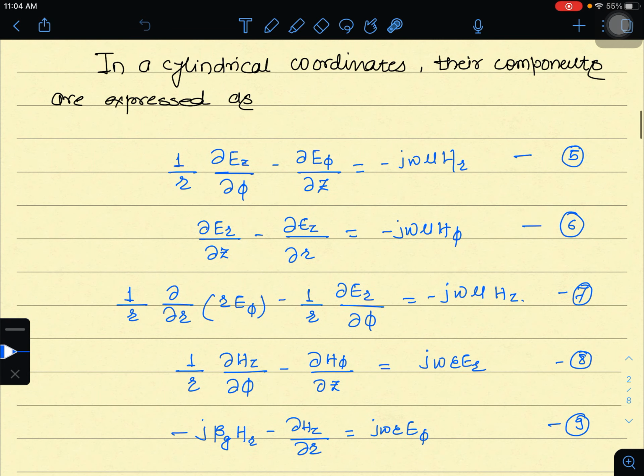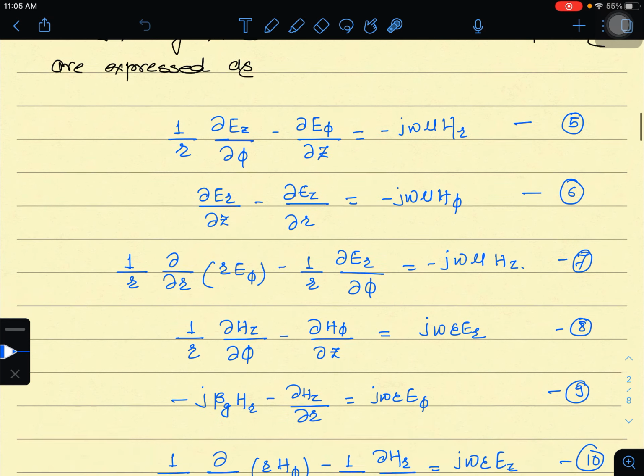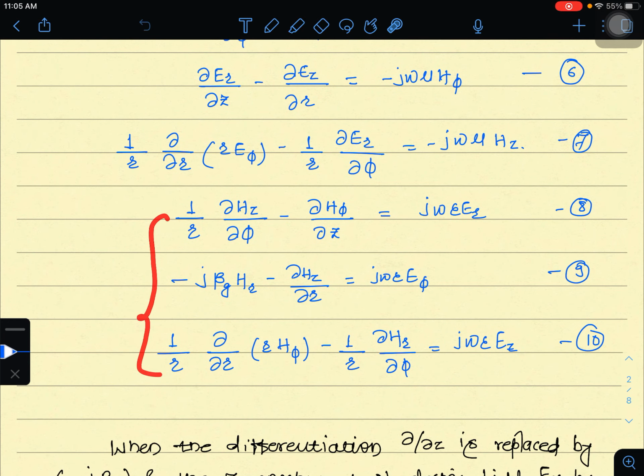Another one shows the electric field Ez, and another is related to Er. The first three equations are in terms of the electric field, and the later three equations are in terms of the magnetic field.